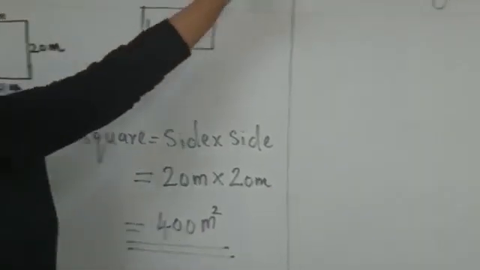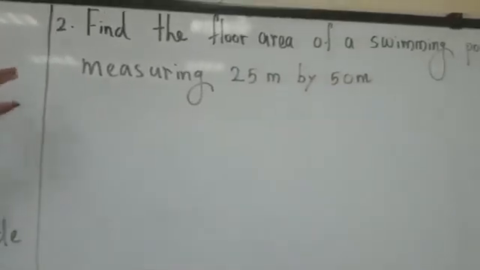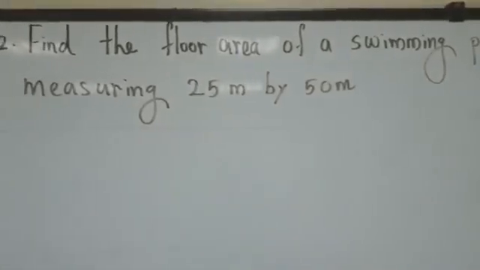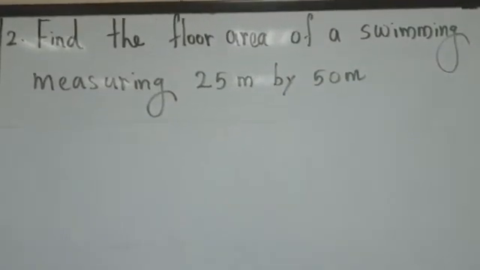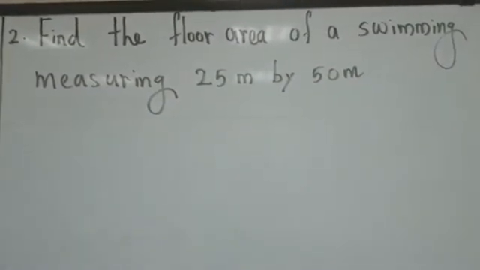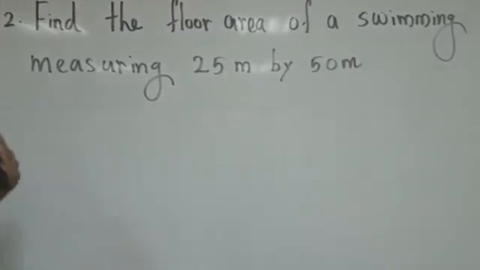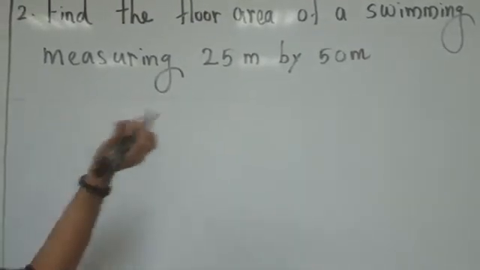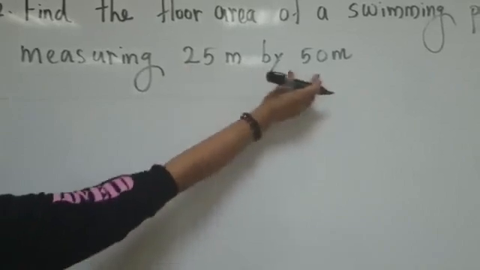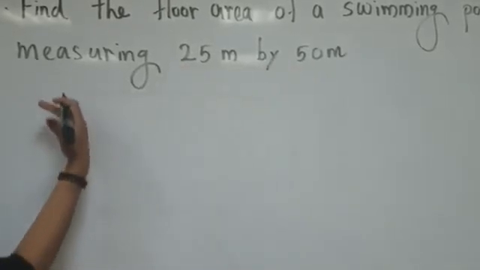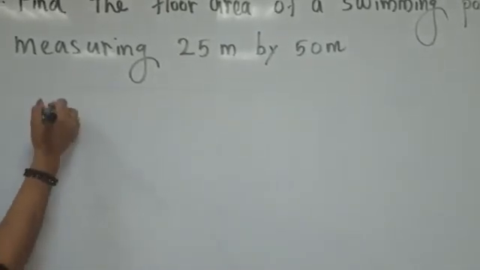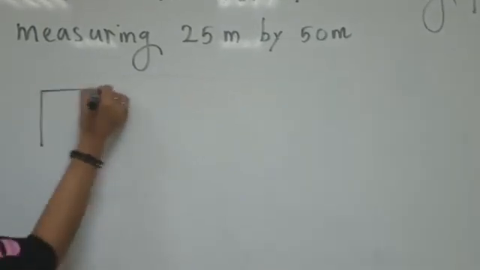Question number 2 is a word problem: find the area of a swimming pool measuring 25 meter by 50 meter. If the question is like that, it is better to picturize the figure like this. Here it is mentioned 25 and here 50. That means the opposite sides are equal, so the figure is a rectangle.